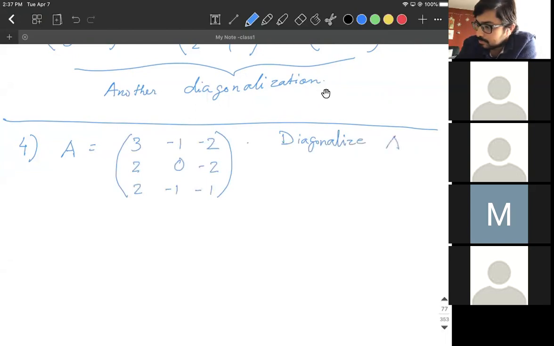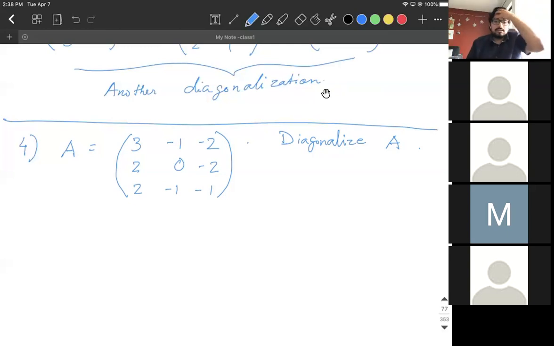Diagonalize A. Okay, so problems can be of 2 different types. Number 1 is of this type, diagonalize A. So then you have to find the eigenvalues, eigenvectors. So here a priori, you know that A is diagonalizable, and you need to find the matrices P and D, which diagonalizes A. Type 2 is something like this. So argue whether A is diagonalizable or not.